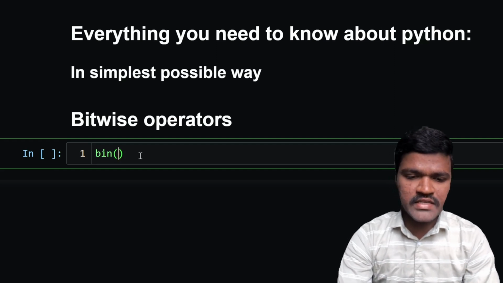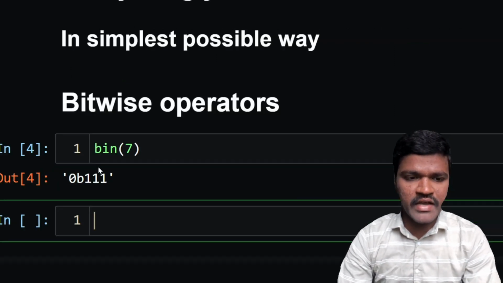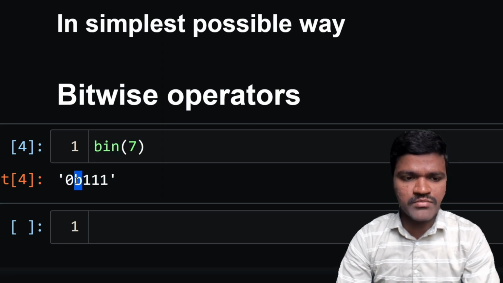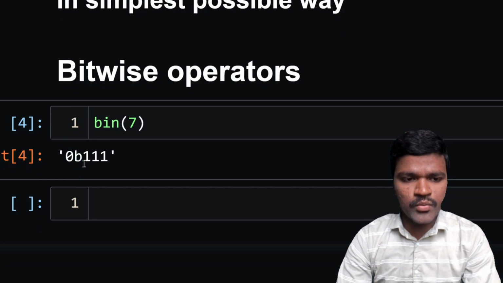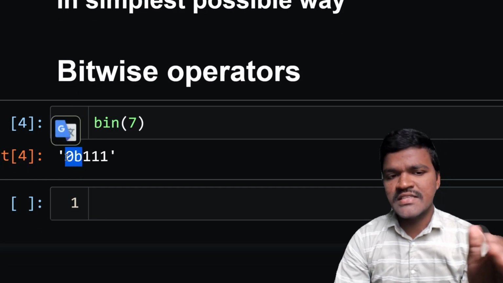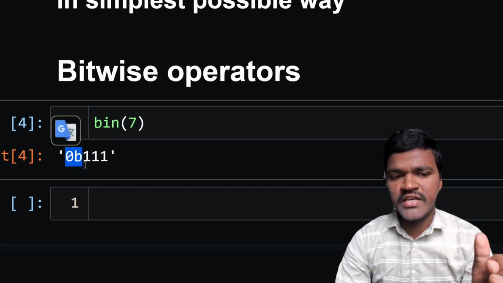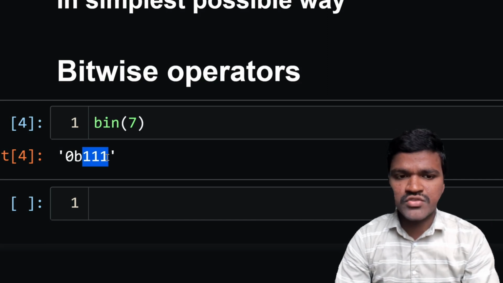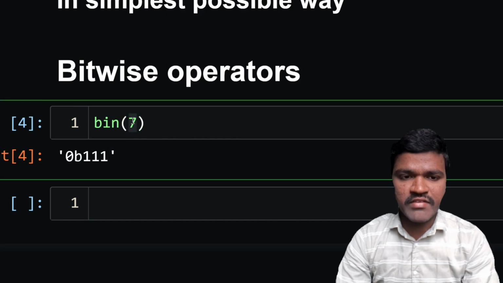I am passing, let's say, 7 here. When I pass 7, I get this binary representation. If you carefully observe, I am getting 0b, which represents that this is a binary representation, followed by these values. 7 is represented in binary as something like this.